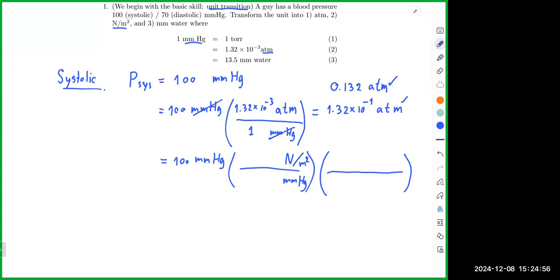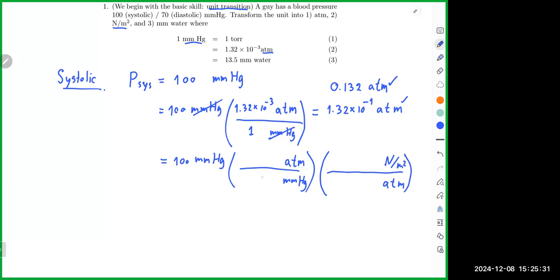For this case, if I don't know exactly how to change from millimeter of mercury into Newton per meter square, I would do something like this. I know that I can change from millimeter of mercury into ATM, and I know how to change from ATM into Pascal, or Newton per meter square, which is the same thing.